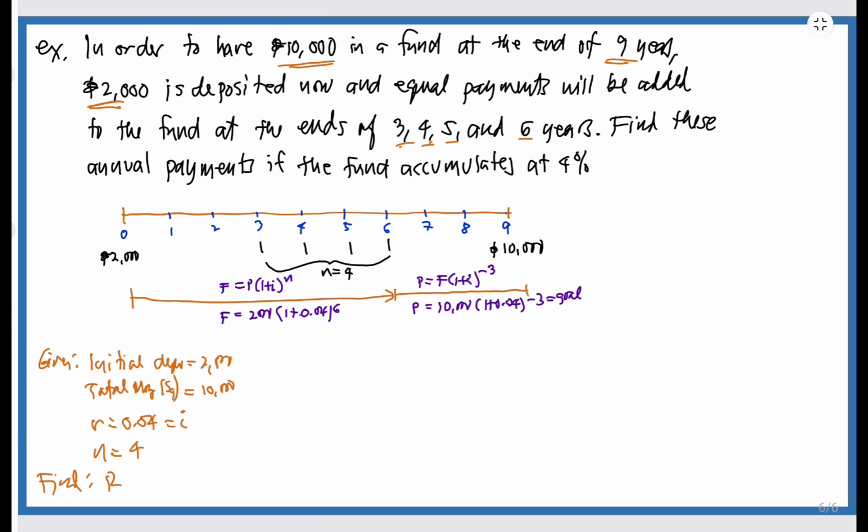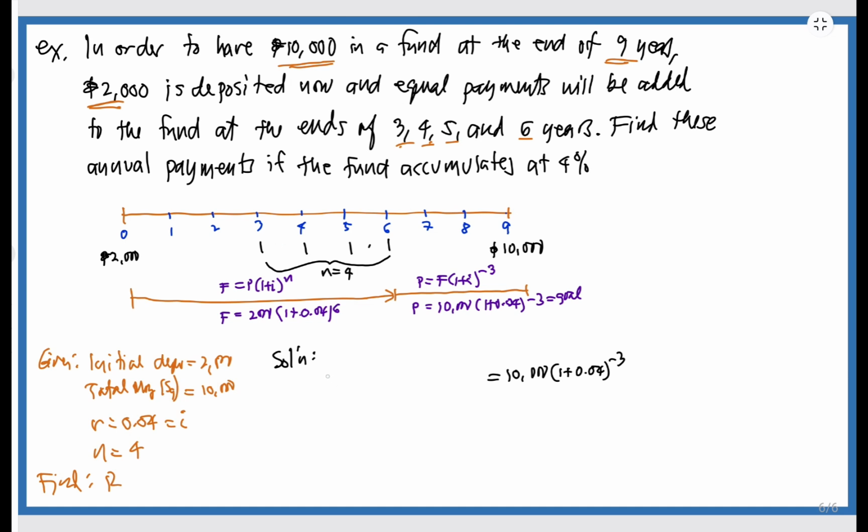So for our solution, your total money, so your goal is 10,000 times (1 plus 0.04) to the negative 3. That's the value, or that's the worth of 10,000 in year 6, should be equal to your 2,000 initial deposit plus the installment 1, 2, 3, 4.